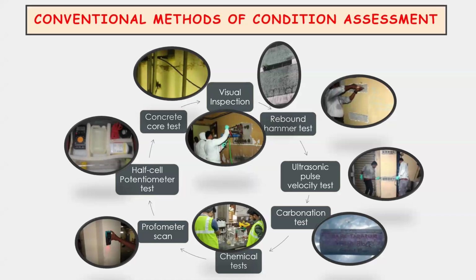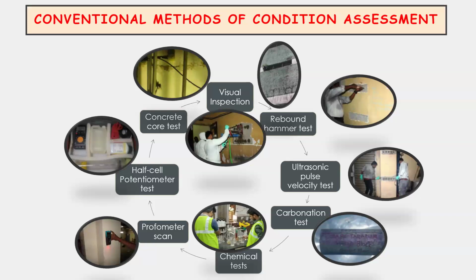Half cell potentiometer test will give the probability of reinforcement corrosion, whether reinforcement corrosion has started or is yet to start. Then another test we do is the carbonation test, whether carbonation has started or not, and this is usually carried out on the extracted core.